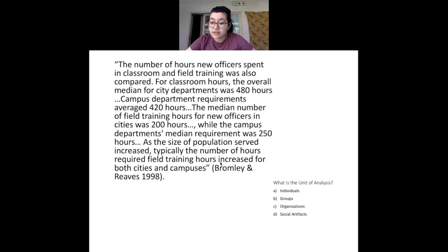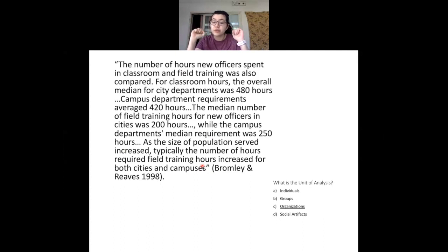Feel free to pause if you want to think more. It's organizations. We're talking about police departments, campus departments versus city departments, right? So we're talking about characteristics of specific organizations.